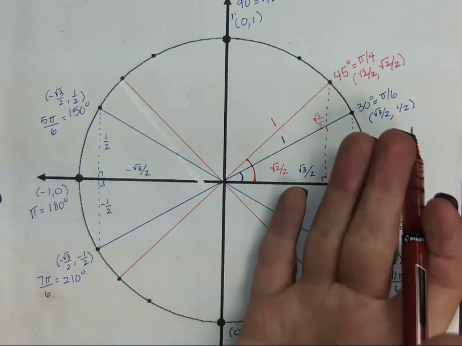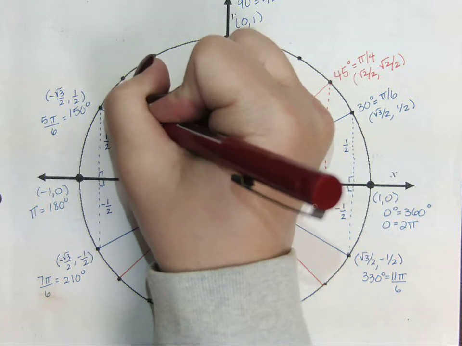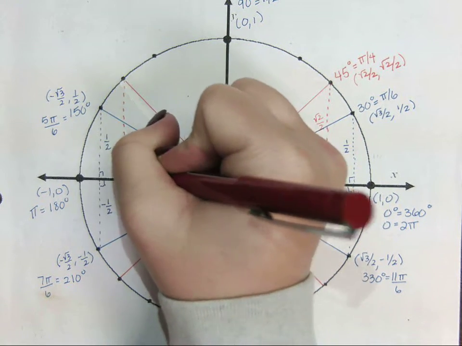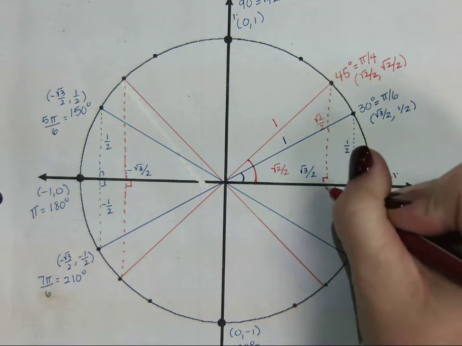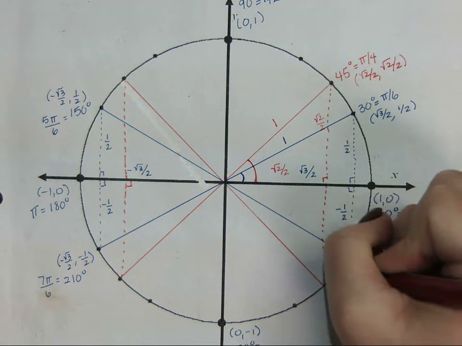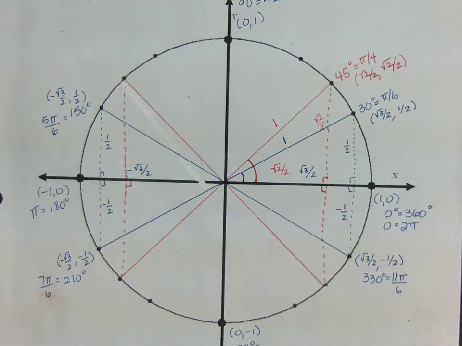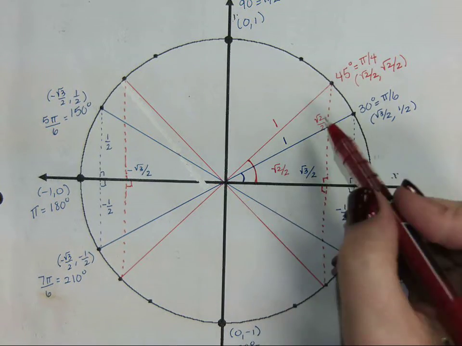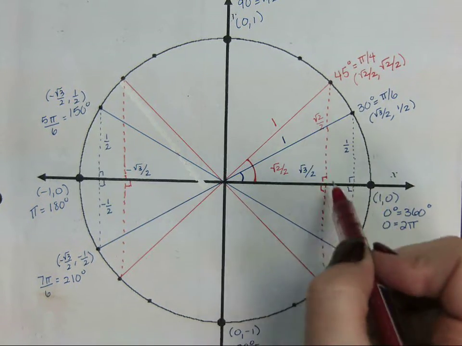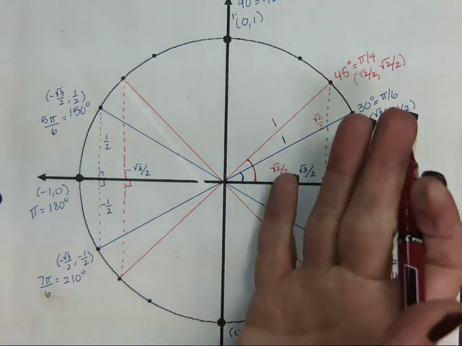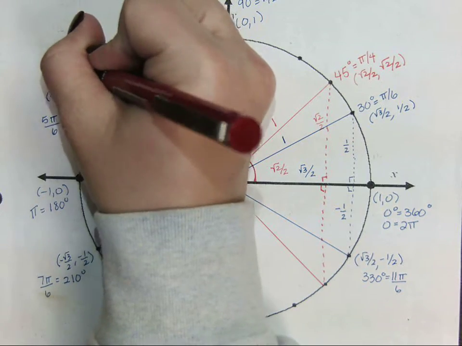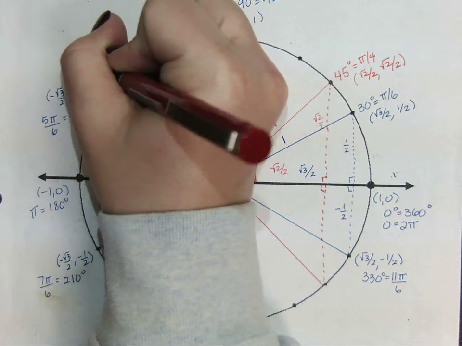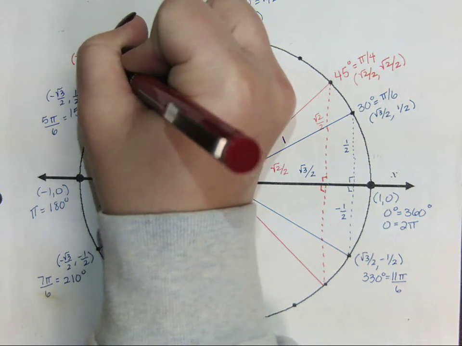And now, again, if I do the same thing and I flip these special triangles to the other sides around my circle, I'm going to see that the same thing is going to happen as it did with the 30, 60, 90. All right? The length of these x and y legs are going to be the same measurement, just flipped into a different quadrant. Okay? And so when I flip this into a different quadrant, again, the x value is now going to be negative, but the y value stays positive.